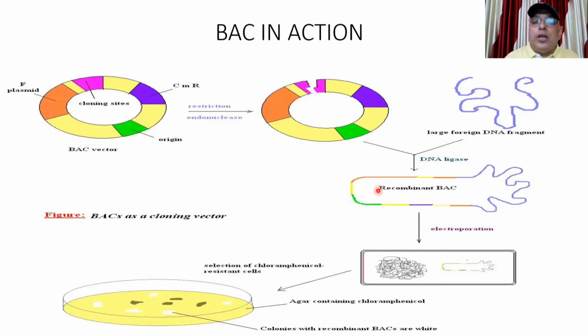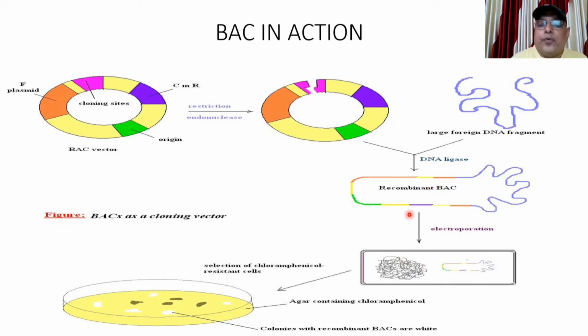And now this is the recombinant BAC, that is, bacterial artificial chromosome having alien DNA, having the desired stretch of DNA that has to be transferred to a particular cell. Electroporation is a method of transferring these recombinant DNAs inside the cell, and it makes the barrier, this wall, permeable, and it facilitates the uptake of the DNA.